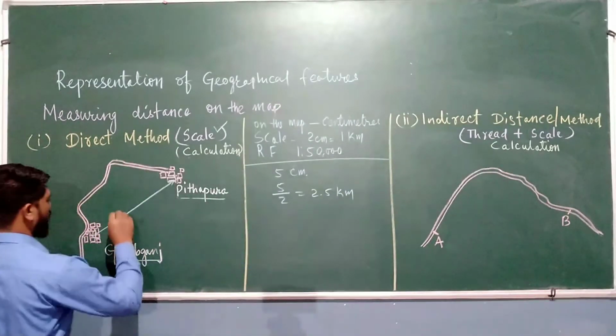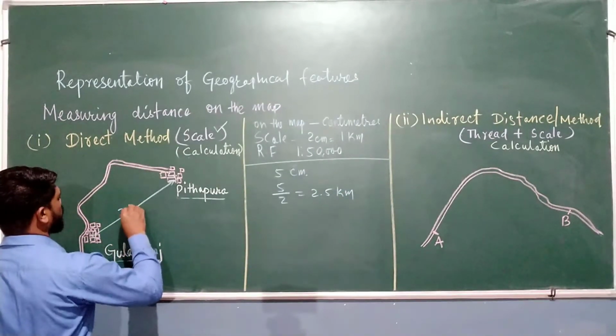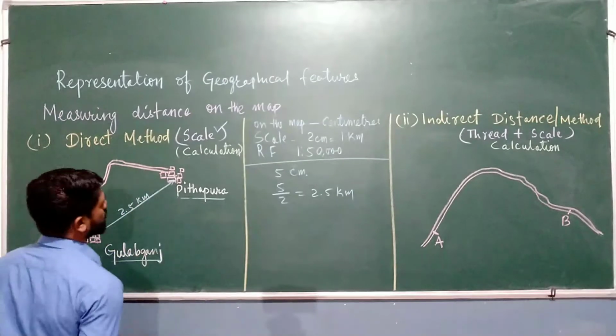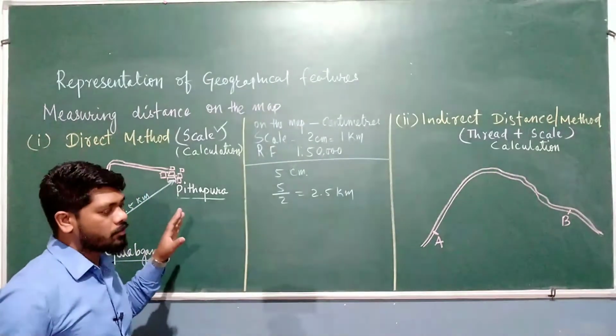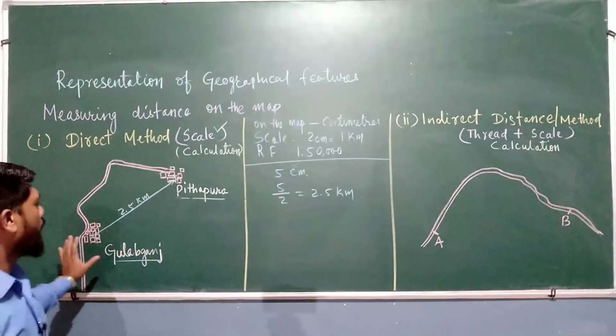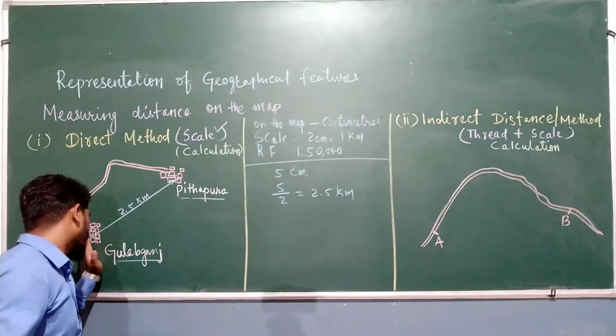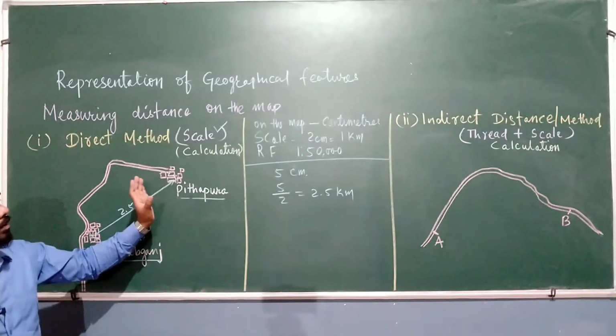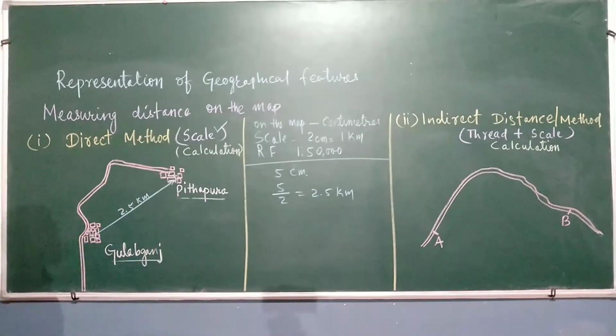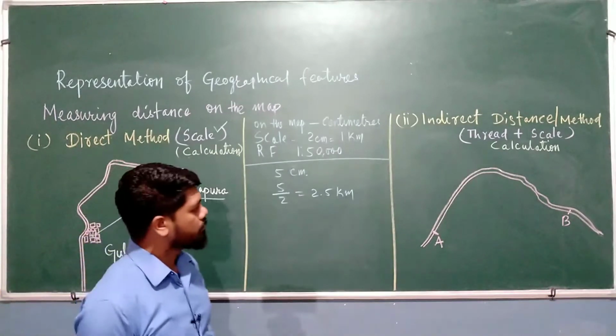The distance from Gulabganj to Pithapura is 2.5 kilometers. Very simple. With the help of scale only you have to calculate directly from the settlement. I hope the direct method is clear.